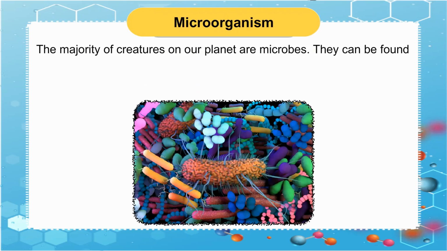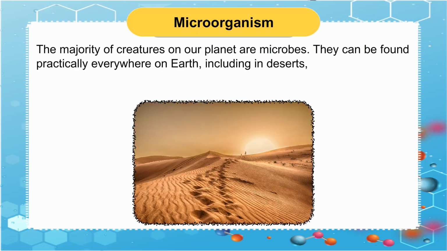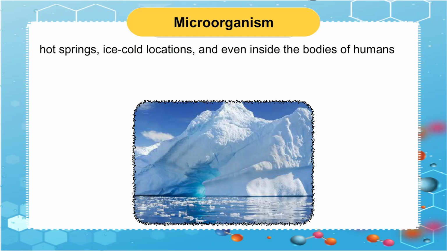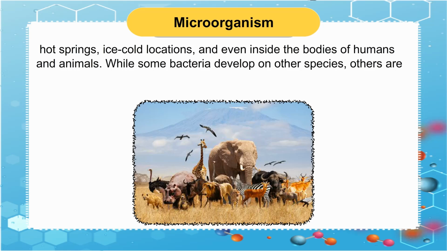Microorganism. The majority of creatures on our planet are microbes. They can be found practically everywhere on Earth, including in deserts, hot springs, ice-cold locations, and even inside the bodies of humans and animals.